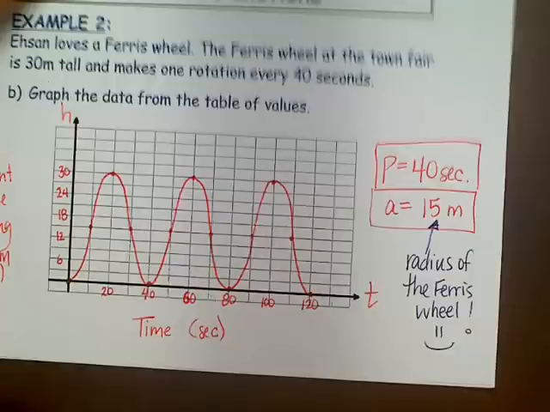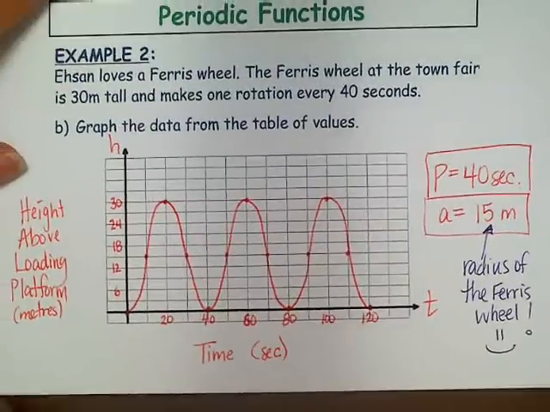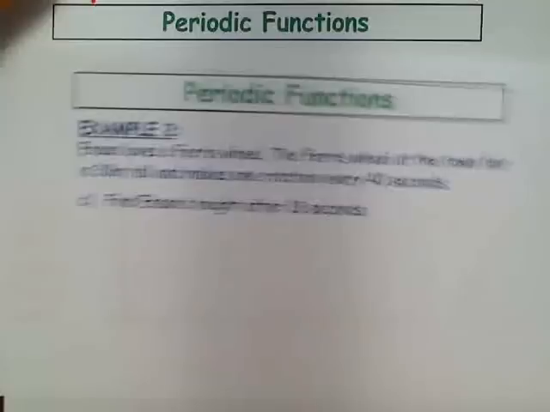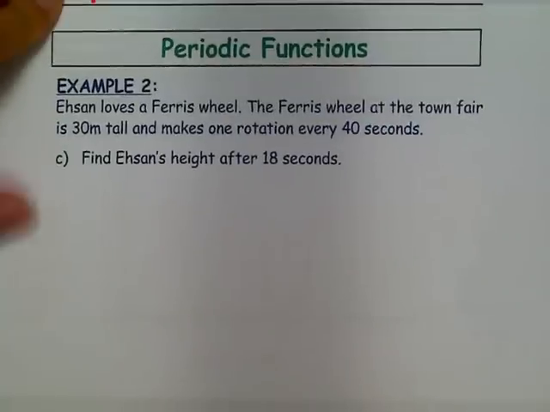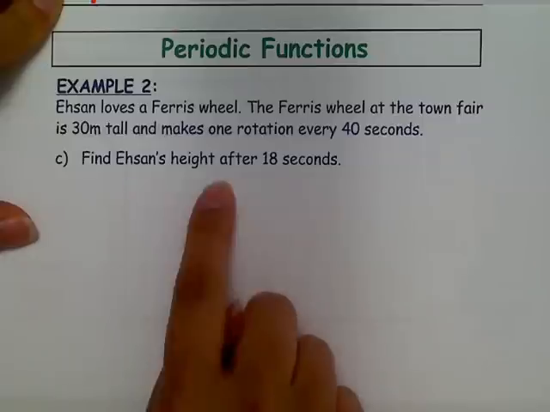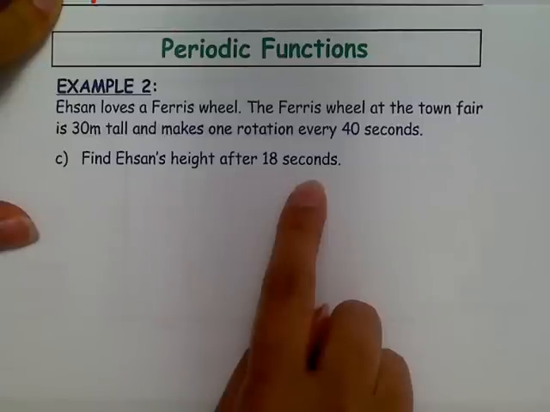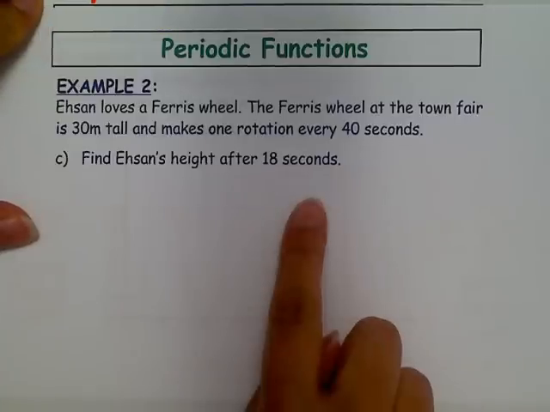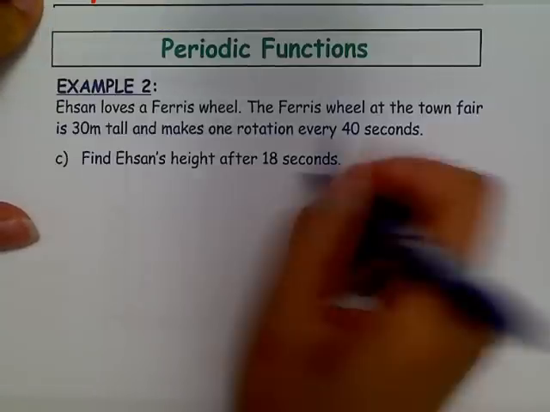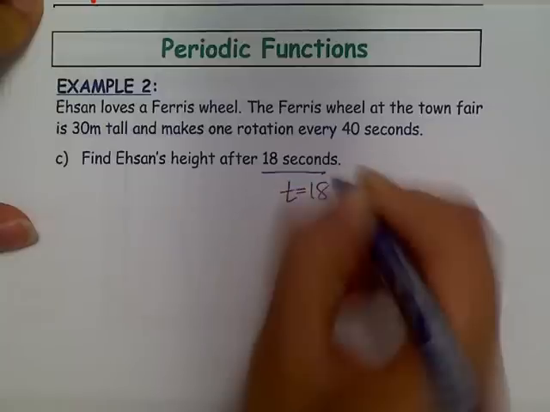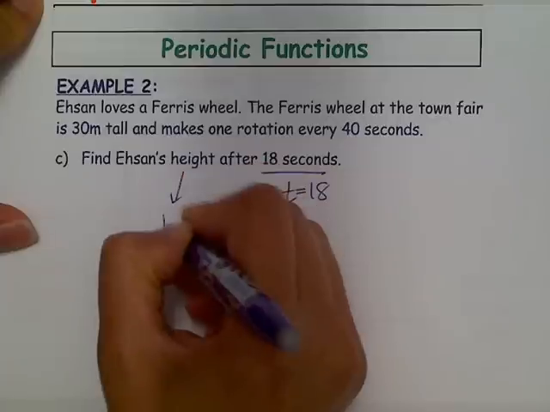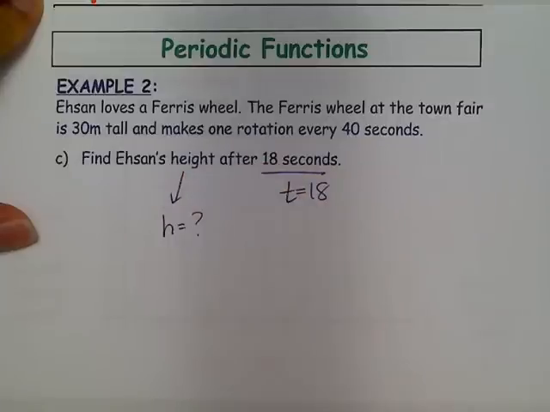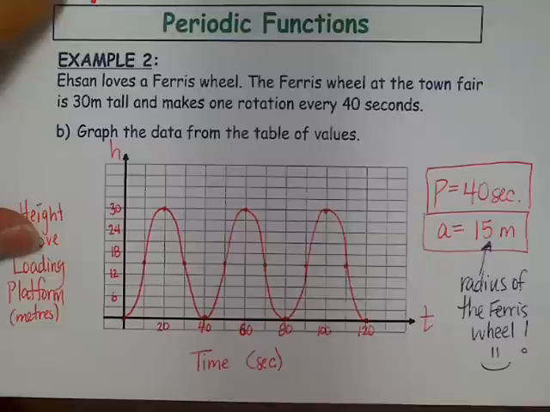Alright, so last couple of questions in part C, and we will be using the graph that we have here to help us answer these questions. In part C it says, find Asan's height after 18 seconds. So we're told the time, and we're looking for the height. So here's our value for T, and we're looking for the value of H. Okay?